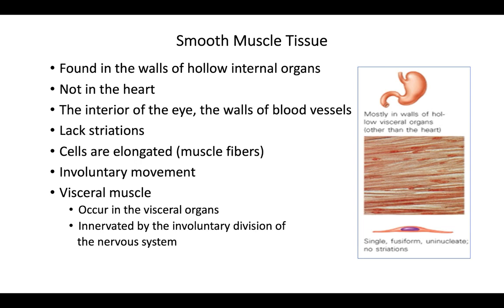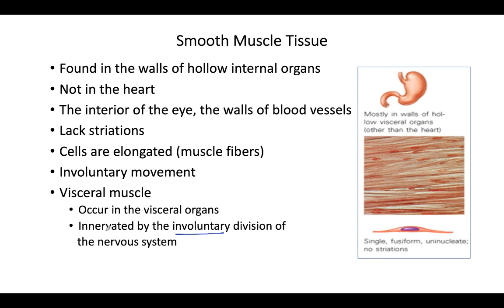There are 2 layers of smooth muscles surrounding the pupil, and these smooth muscles control the diameter of the pupil in accordance with the light intensity. These smooth muscles are operated by the involuntary division of the nervous system.